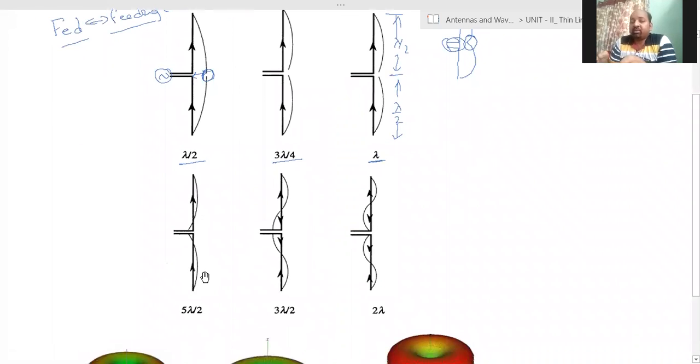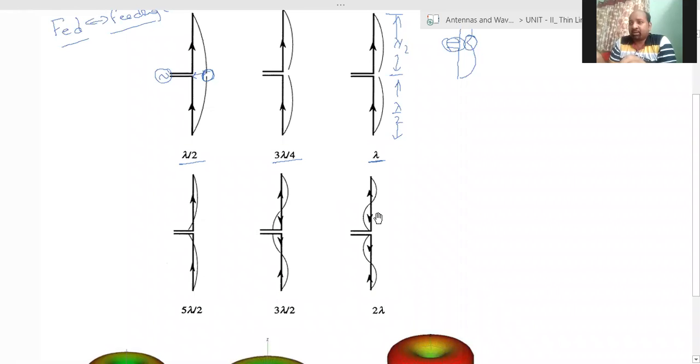And here 5 lambda by 2, and this is its current distribution. And 3 lambda by 2, which means 3 half wavelengths, and the current will be distributed like this.